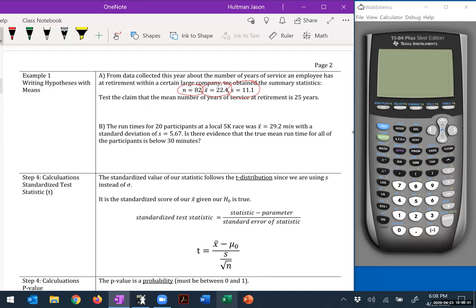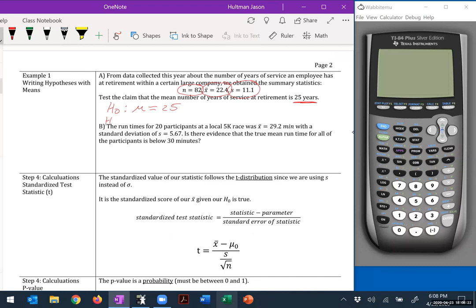Test the claim that the mean number of years of service at retirement is 25 years. So the null hypothesis, H sub 0, is that mu is equal to 25. It's always equal to our claim.